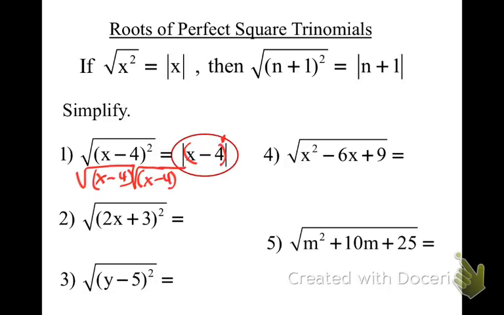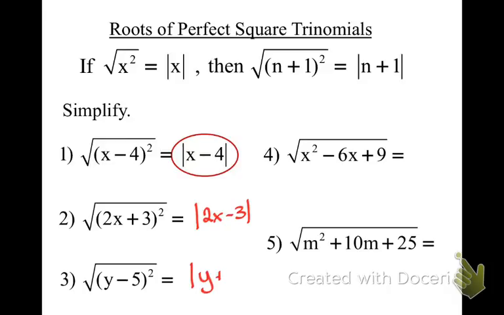So what will the next one be? Would it still be 2x minus 3? You're very close, but it's in the absolute value because that's a binomial to the first power. So what will the next one be, Alex? Would it be the absolute value of y plus 5? Good. Okay, now, what do you think we do for the next one? You have to factor it out.